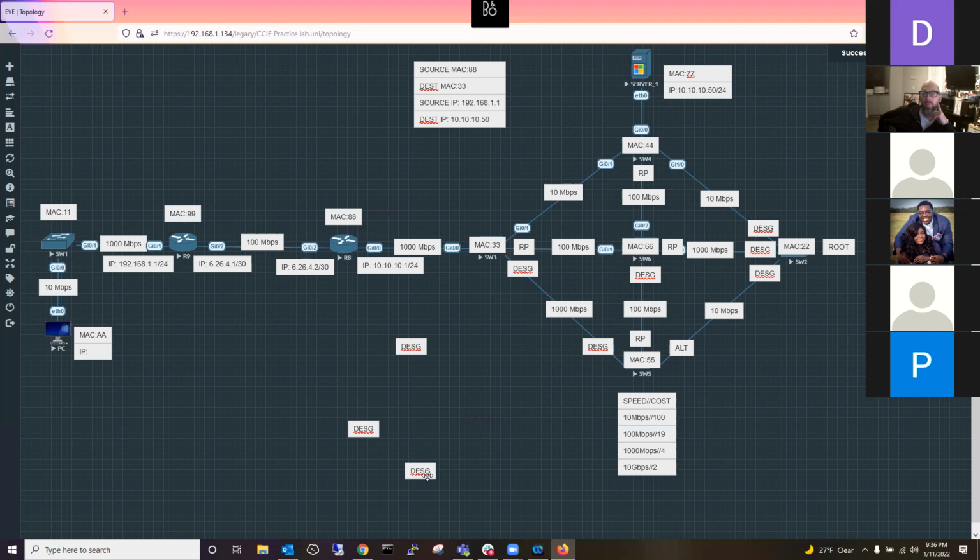The cost would be 100 to get directly to switch 2. But looking at port 0/1, it will have to traverse and it'll be that same cost of 100. So that automatically takes it out as a designated port, which will leave it in a blocking state.